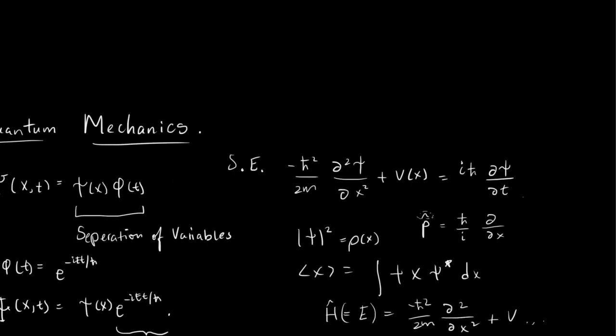So we said that there's a superposition. We can make a generalized wave function in terms of a superposition of the stationary states. So let's just do an example real quick. Let's say that psi of x comma 0 is equal to a basic c1, which is a constant, times psi 1 of x, plus c2, also a constant, times psi 2 of x.